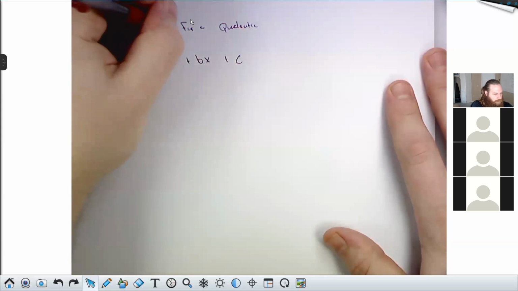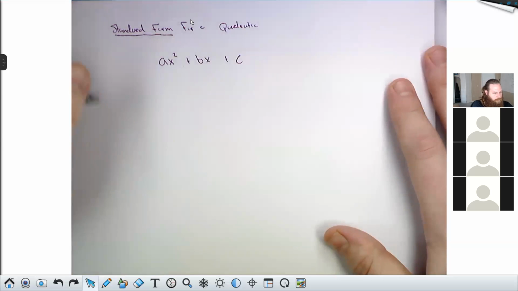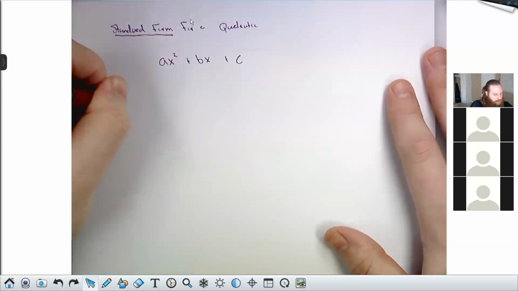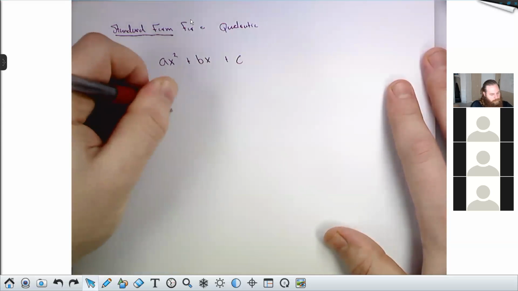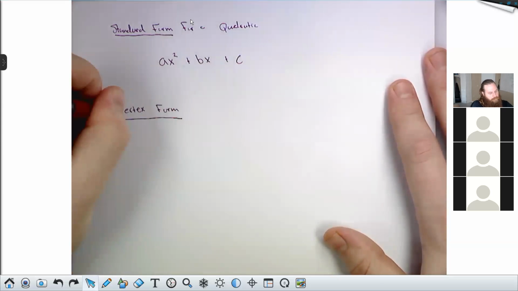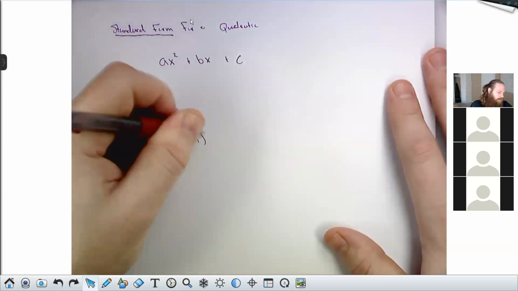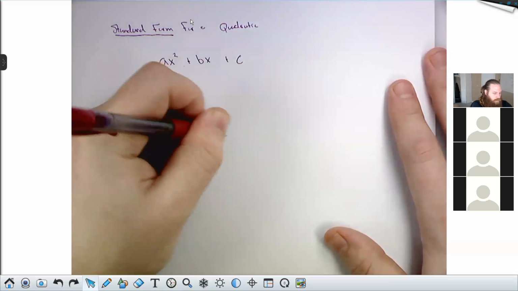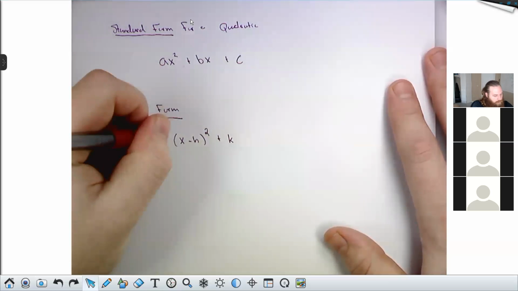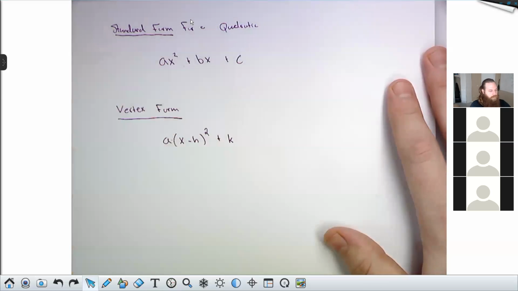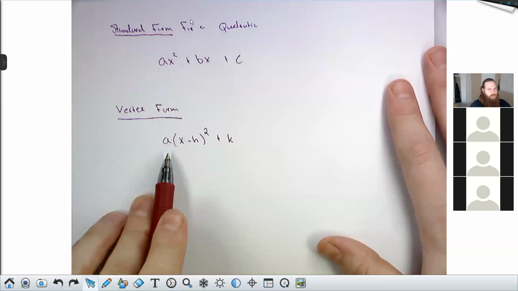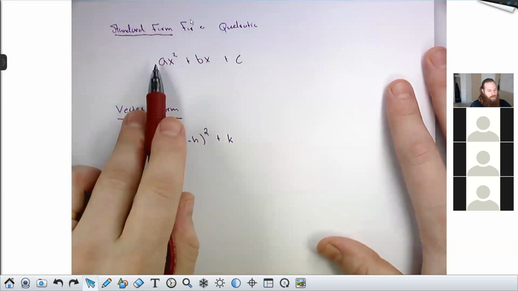There's actually two other forms we're going to talk about. The first is the vertex form. This is a(x minus h) squared plus k. And the number a here is the same as the number a in the standard form.